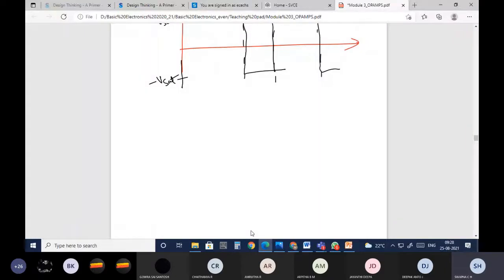This is given in the recent question paper for 8 marks. He has given this question for 8 marks. Okay, note down the question.